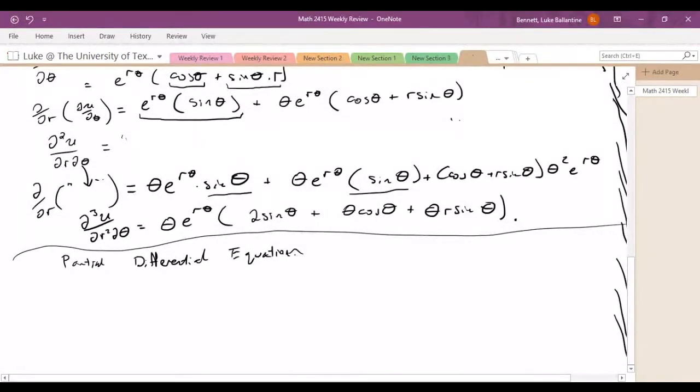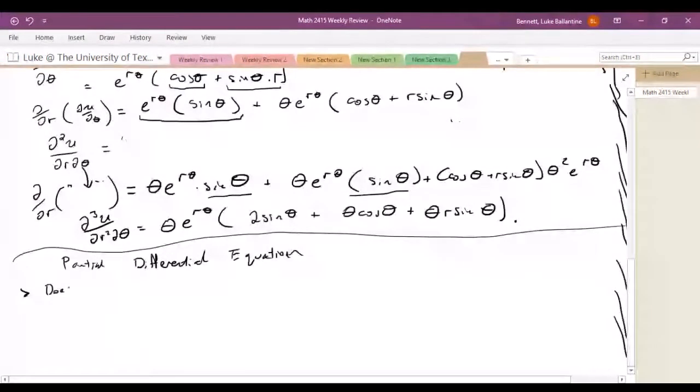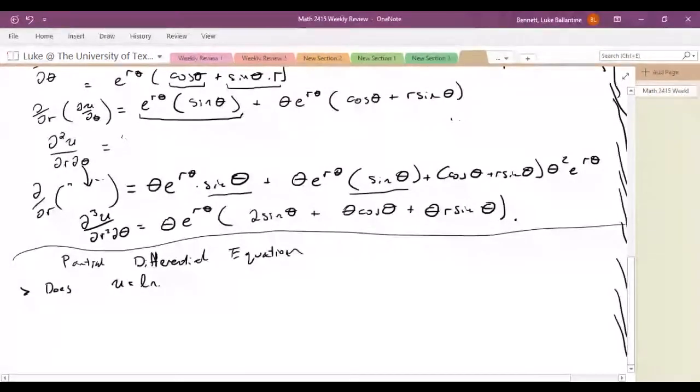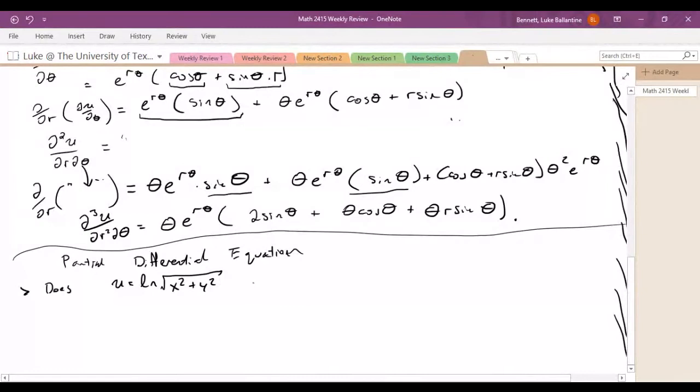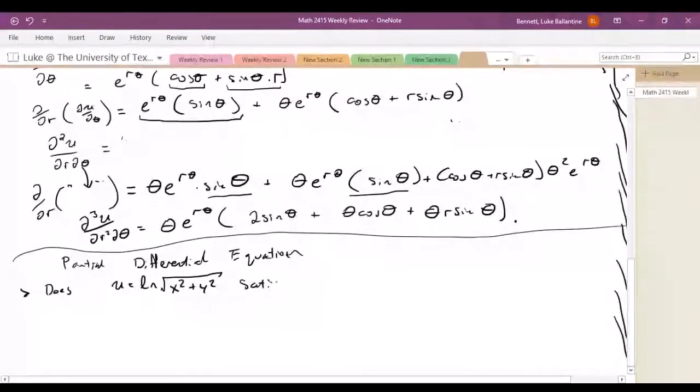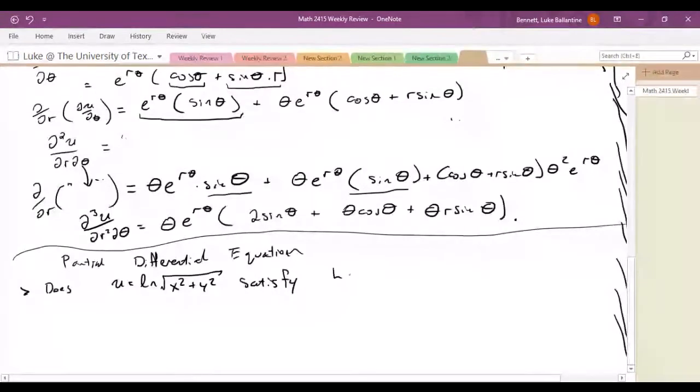So we have the question: does the function u equal ln of the square root of x squared plus y squared satisfy Laplace's equation?